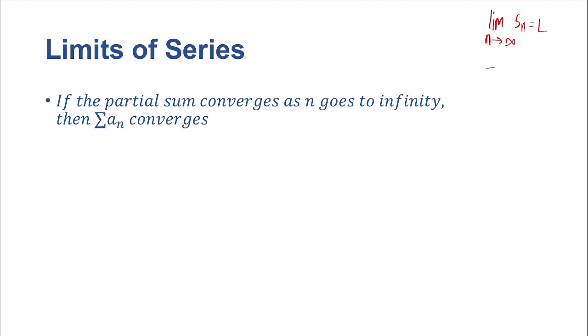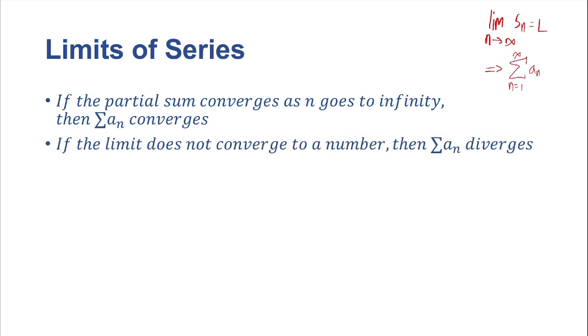That means that our sum from n equals 1 to infinity of a sub n converges. On the other hand, if the limit does not converge to a number, so if the limit as n approaches infinity of s sub n equals infinity, then the series diverges.